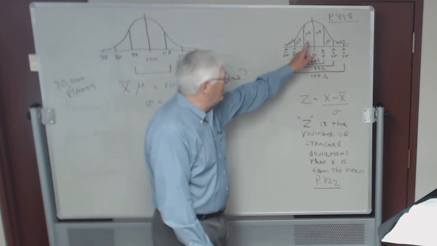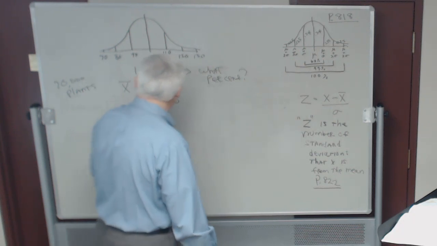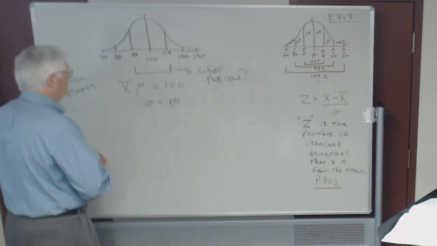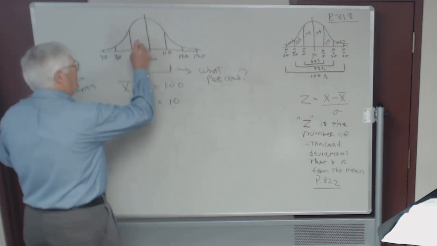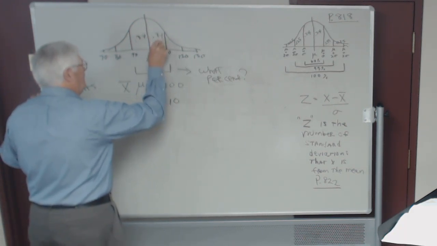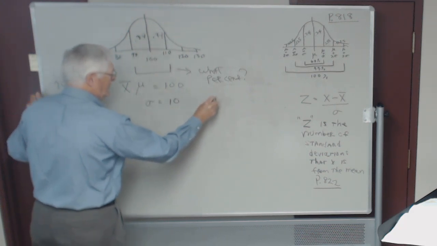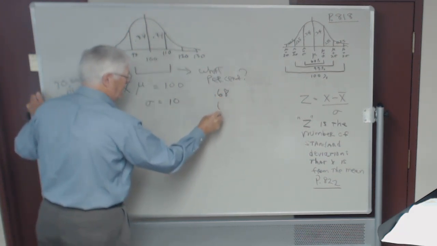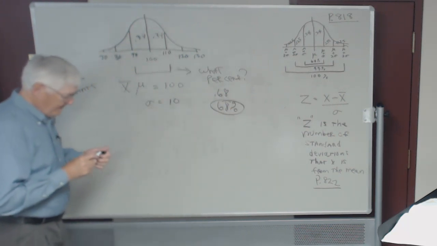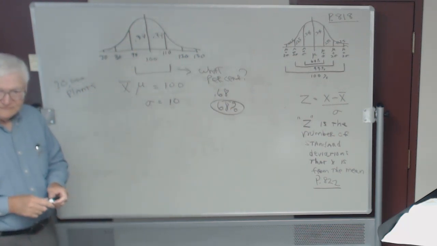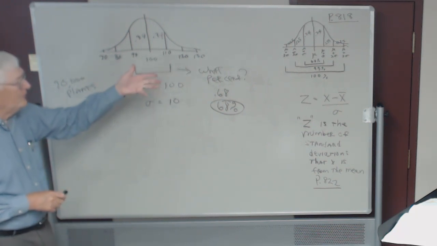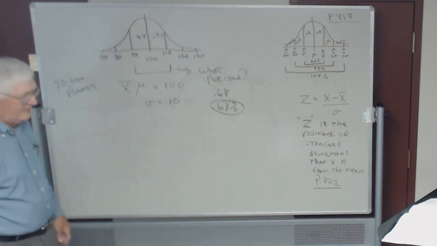So 0.34 and 0.34, one standard deviation above, one below. So what do you think happens if I add 0.34 and 0.34? 0.68, which would be what? 68%. Everybody follow that? This is a normal curve. Okay.